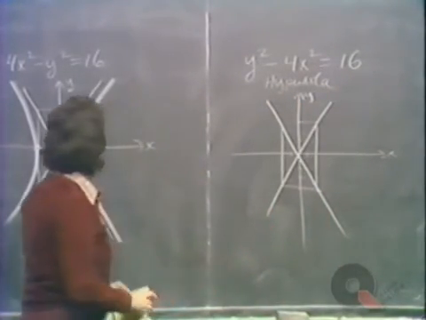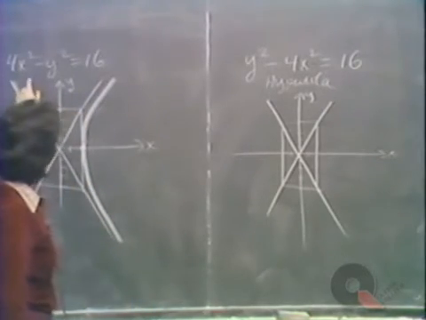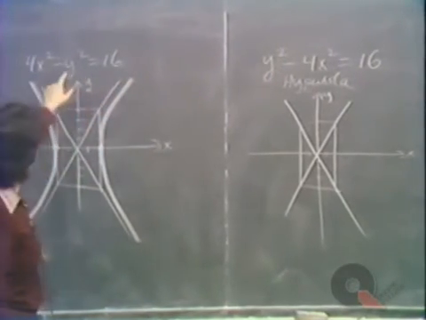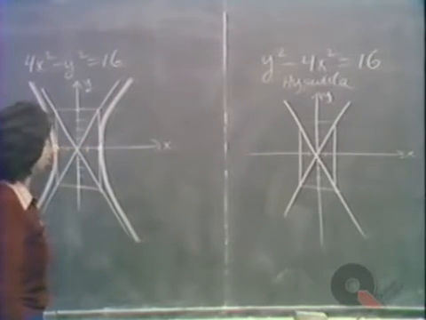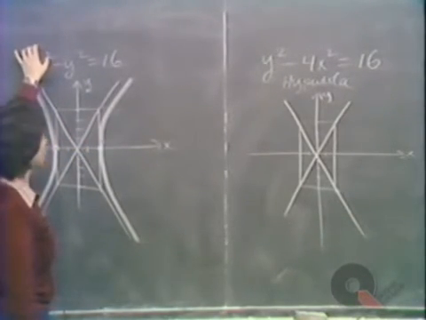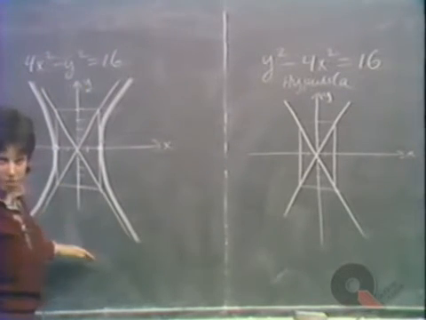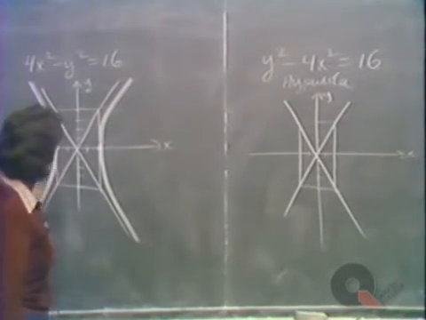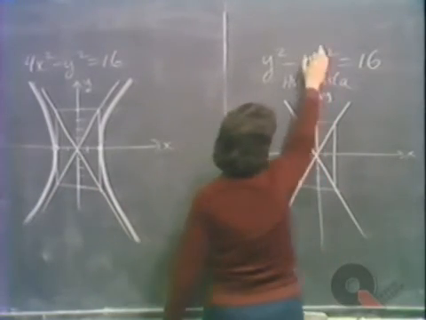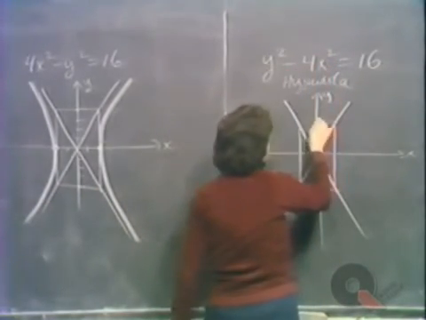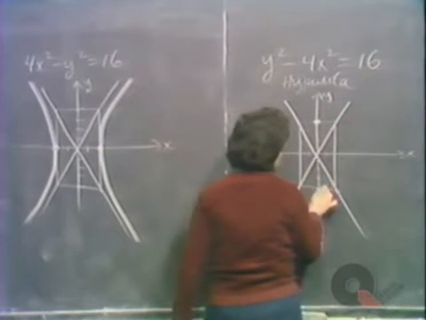The only difference would come in here. Over here with the 4x squared minus y squared equals 16, when we set y equal to 0, we had x-intercepts. But when we set x equal to 0, you could not solve for y. There were no y-intercepts. So we put the hyperbola in left and right. Here, however, when we set x equal to 0, we get y is 4 and minus 4. These are really the intercepts.